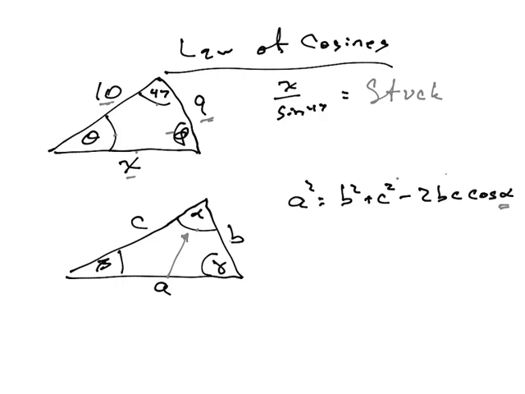So let me go ahead and plug the numbers in. A squared, or for us, it's x squared, equals B squared, so 9 squared, plus C squared, that's 10 squared, minus 2 times 9 times 10 times the cosine of 47.